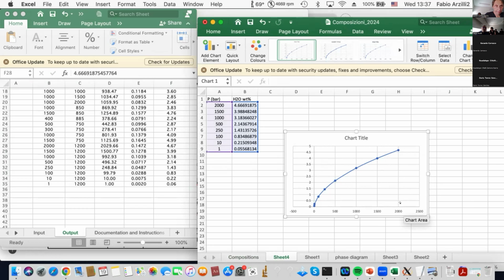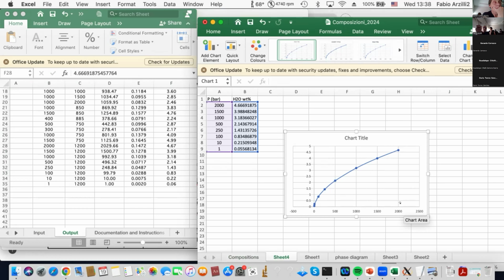What you get is your solubility of water for each pressure for that composition at fixed temperature. If you change the temperature, it will change a little bit, but not too much. If you increase the temperature, the solubility will decrease a little bit. If you decrease the temperature, the solubility will increase a little bit, but it's a minor effect.